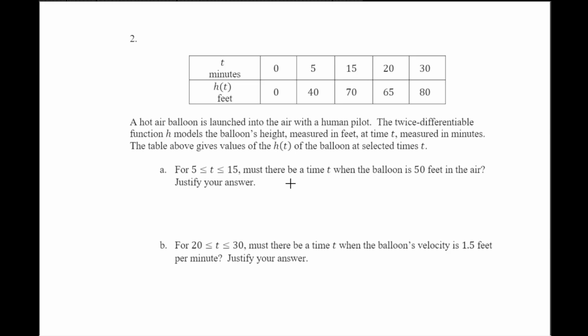So this here is just dealing with the intermediate value theorem. Must there be a time t when the balloon is 50 feet in the air? Let's see how high the balloon was at the 5-minute mark and at the 15-minute mark.